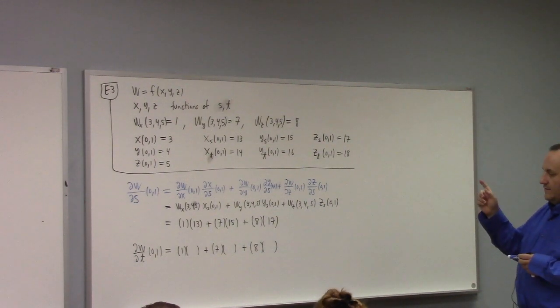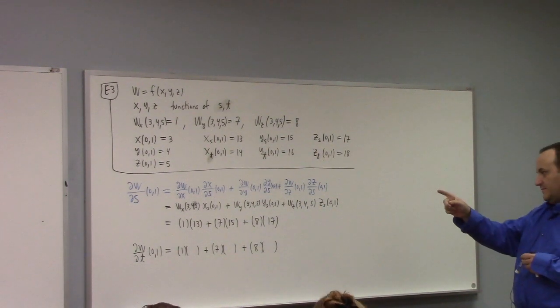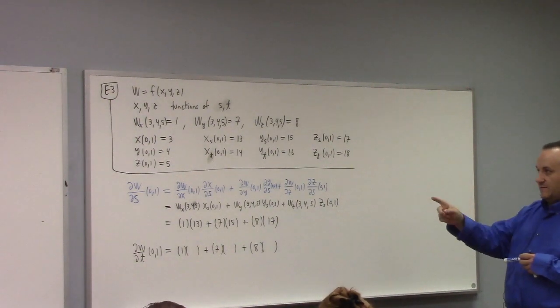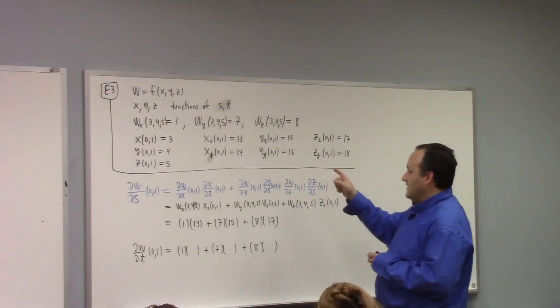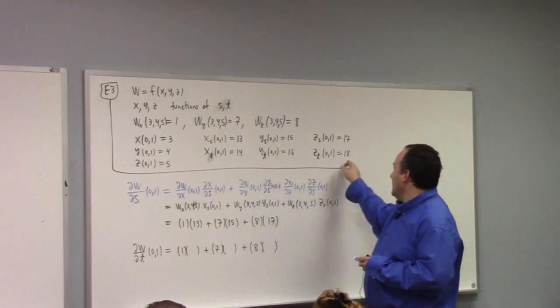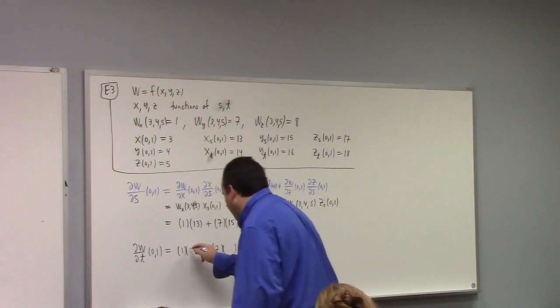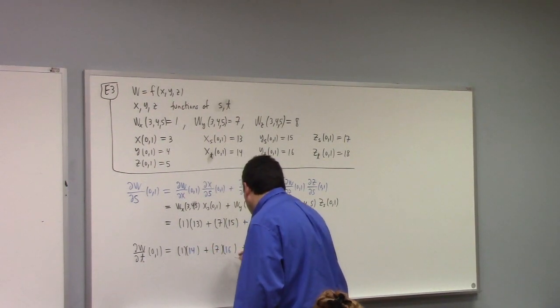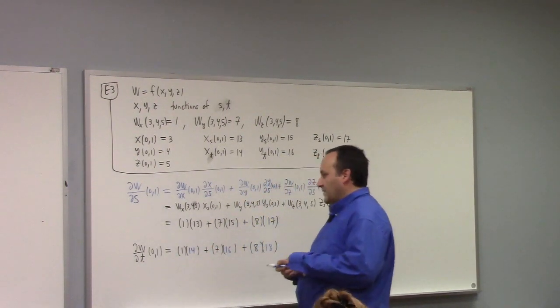But the partial derivatives of the intermediate variables with respect to the independent variable t are different, right? Instead of 13, 15, 17, we've got 14, 16, 18.